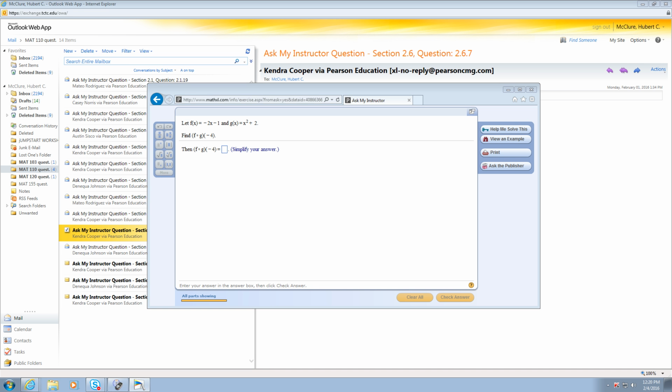So, f of negative 2 parentheses minus 1. And what am I going to plug into this set of parentheses? X squared plus 2. Now, you don't have to do it this way. There's another way to do it. I'm going to show you.